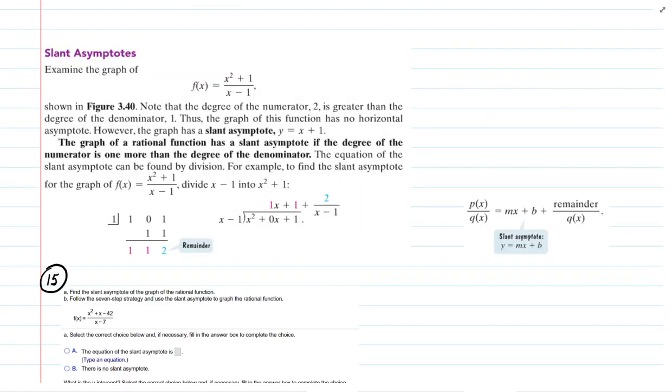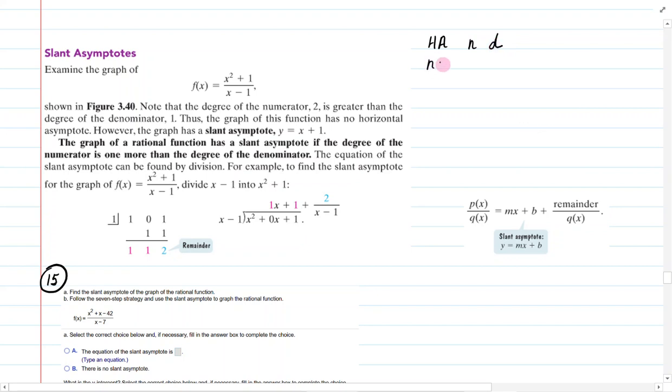Continuing in our study of rational functions, we're going to take a look at the last kind of asymptote that we can have. I hope you remember that when we talked about horizontal asymptotes before, we looked at little n and little d, the degree of the numerator and the degree of the denominator.